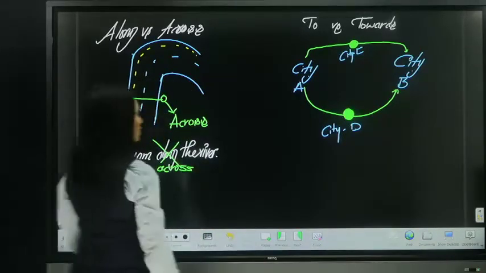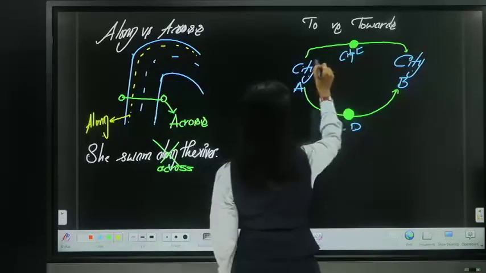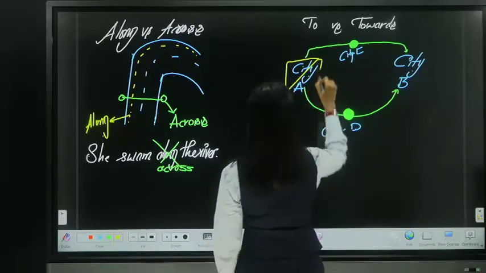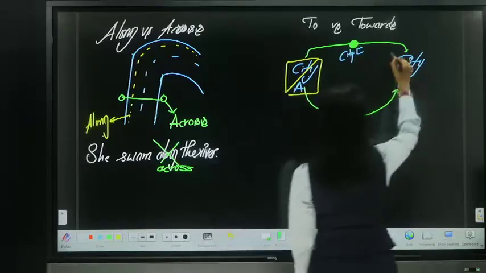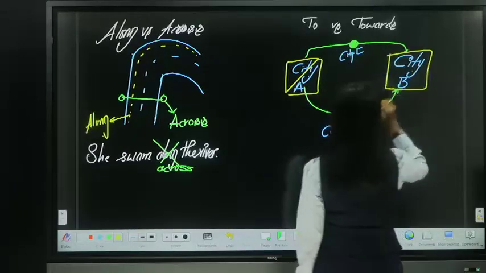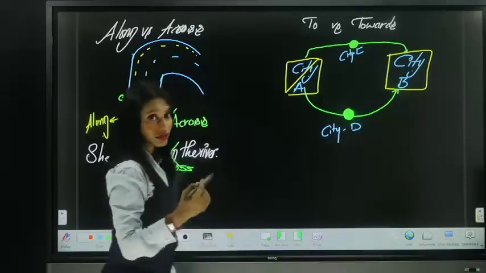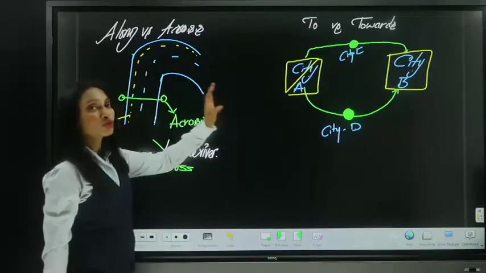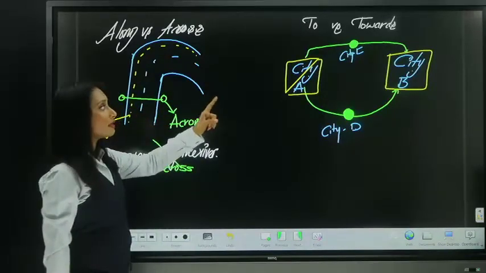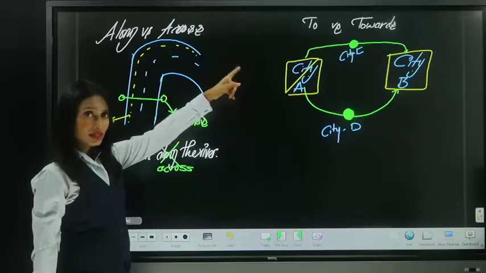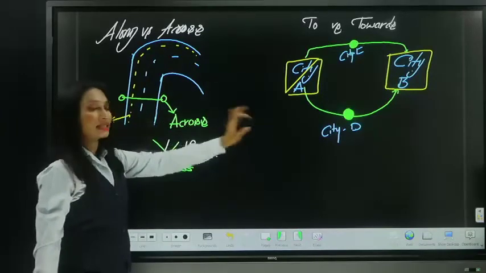Your destination is city B. You would like to travel from city A to city B. But to do that, you have two different ways: one, the city C way, two, the city D way.